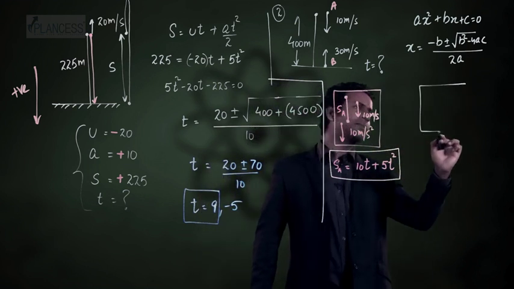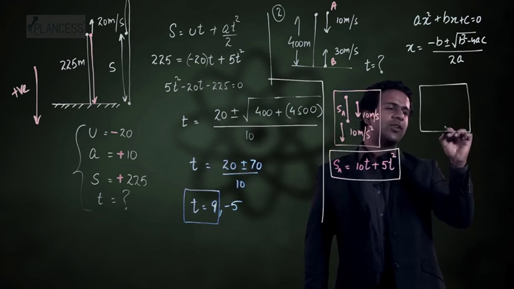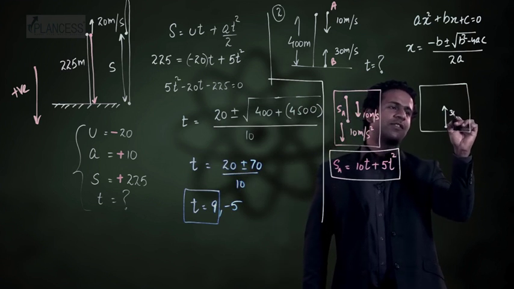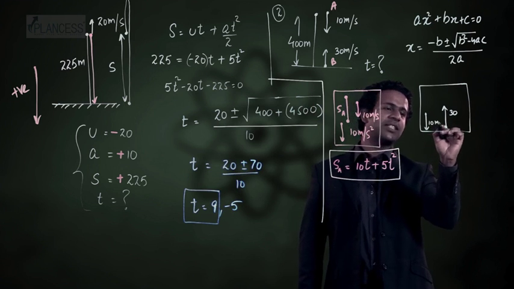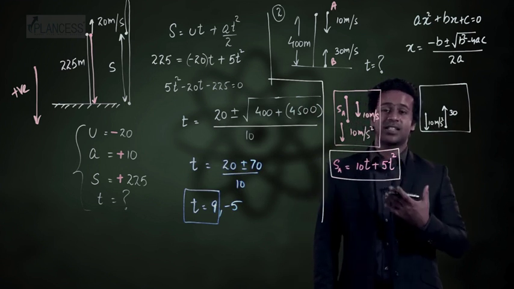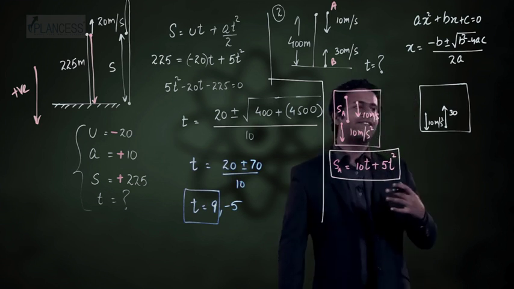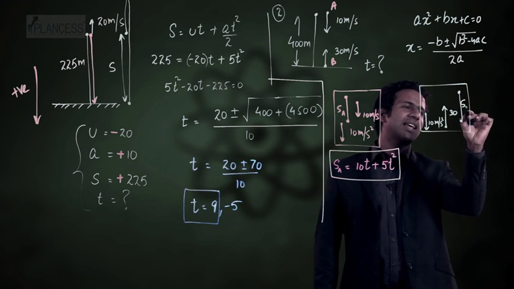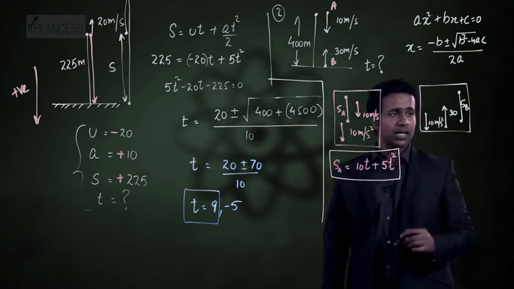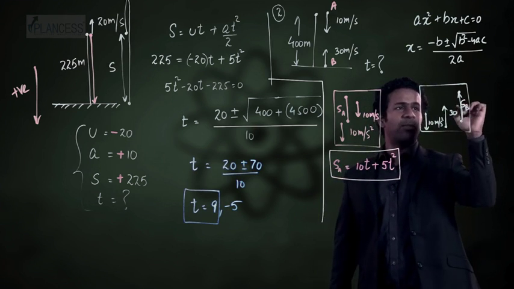Now this ball is thrown upwards, so it has a speed upwards of 30. It has an acceleration downwards, which is 10 meters per second square, which is nothing but the acceleration due to gravity. And finally, it has an upward displacement, which we can label as SB. Right. But its displacement points upwards.